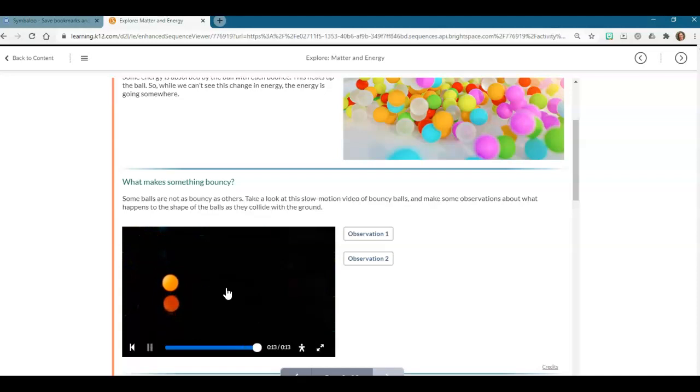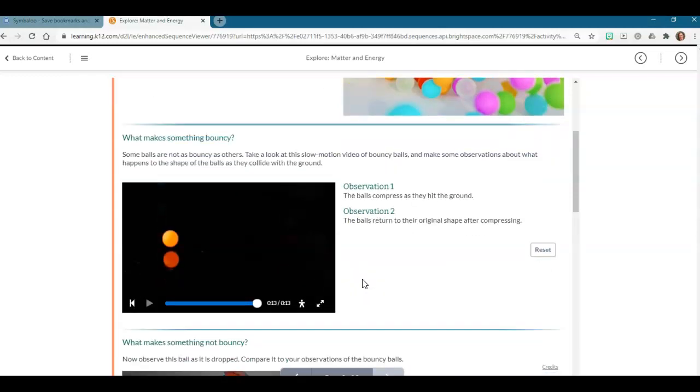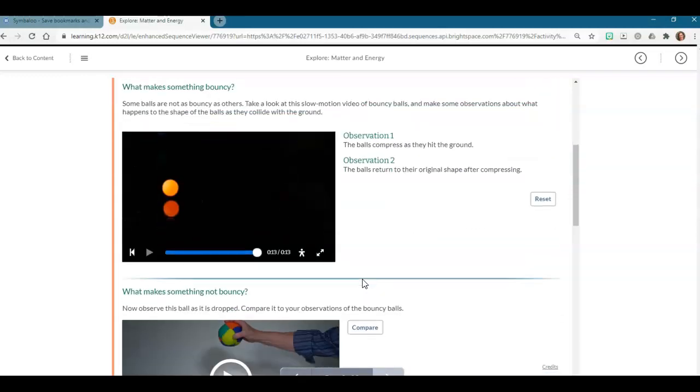You may not be able to clearly see, but you can see a little bit of change in shape. So observation 1, they compress a little bit as they hit the ground. And 2, they return to their original shape after compressing. So it's just the slightest change, and then it goes back.